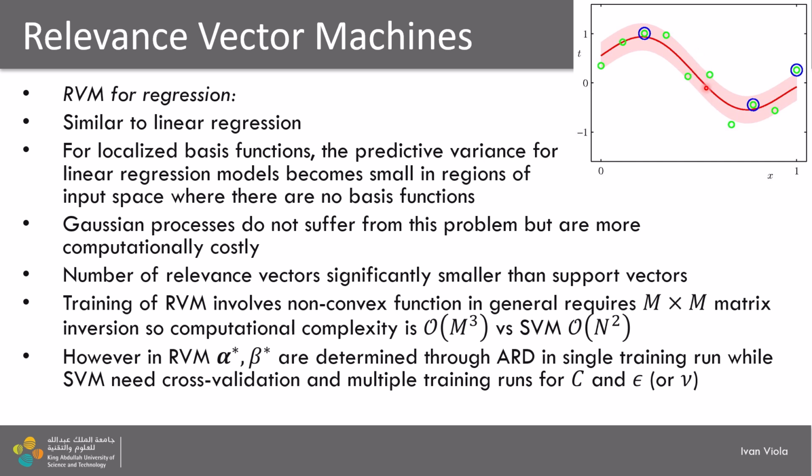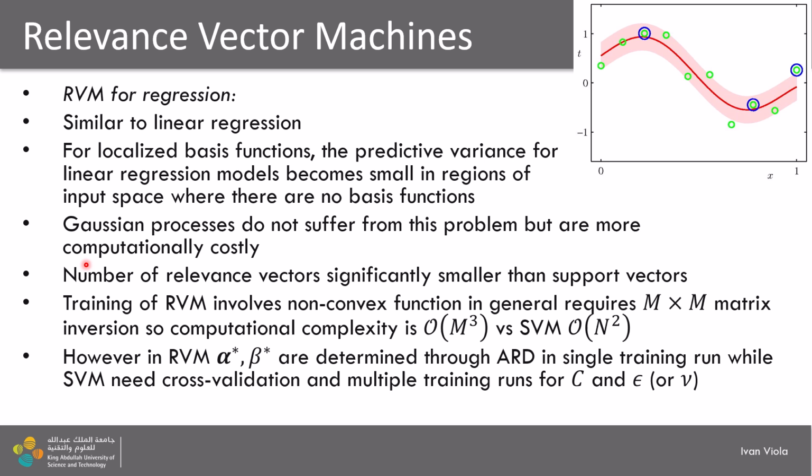And that is actually the disadvantage of the relevance vector machines, which is inherited from the Bayesian linear regression. That can be alleviated with the Gaussian processes, which do not suffer from this problem, but otherwise they are much more computationally costly.